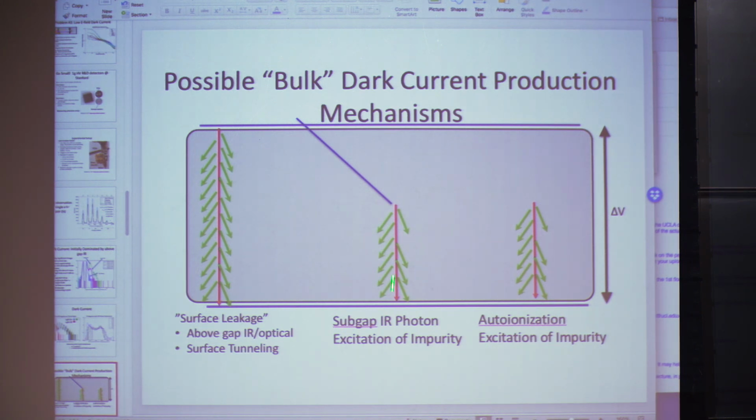So the solution there, of course, is to just make my system more and more light tight. And I can hopefully get rid of this. The second possibility is I have that impurity that's sitting here, it's neutralized, and there's an E field across it, and I can tunnel it out. And maybe I have just autoionization. Those are the two ways I could get this bulk effect.